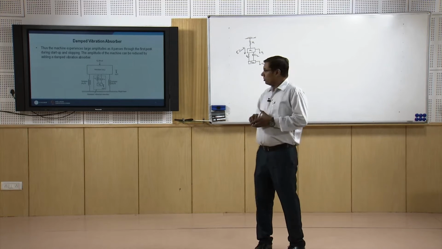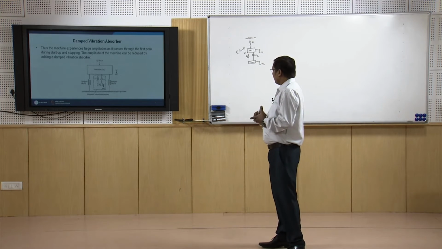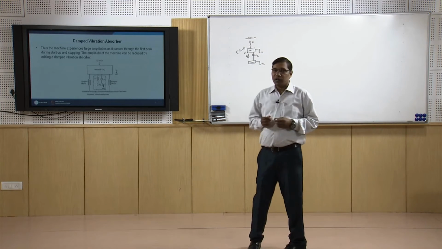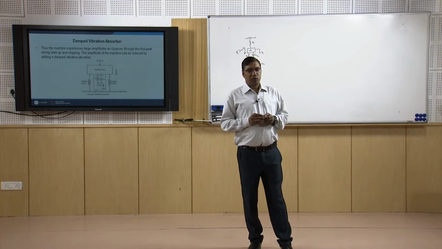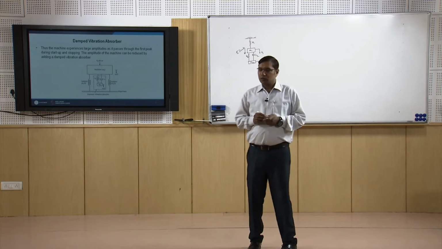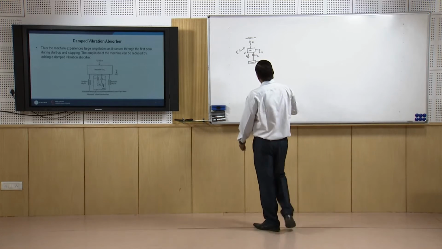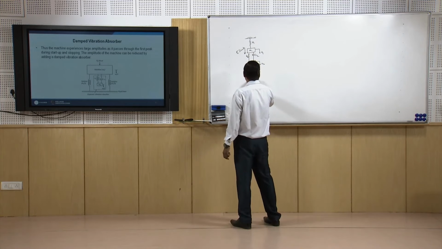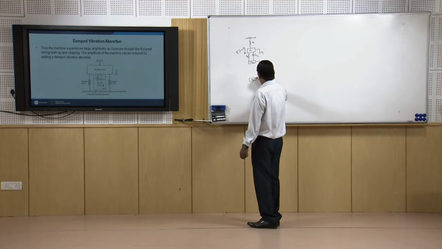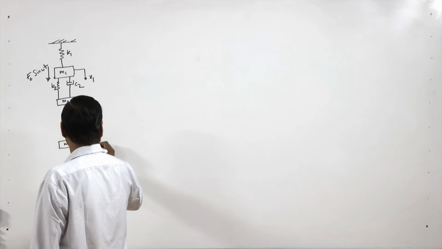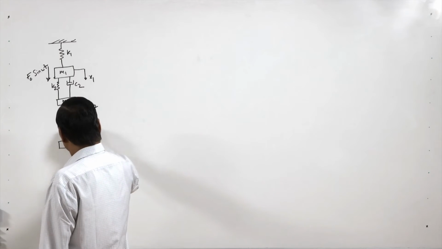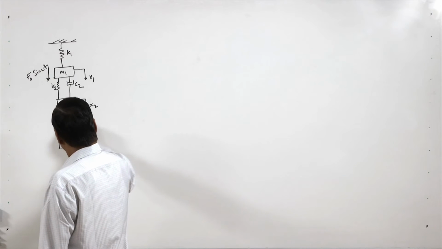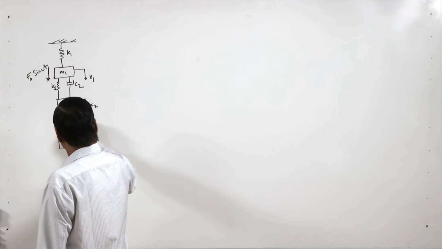So the system is represented like this, because now we will write the equations of motion by applying the free body diagram and Newton's law. So we make the free body diagram for M1. Here we have M1. Now when we are pulling in this direction, it will apply an upward load K1 x1.